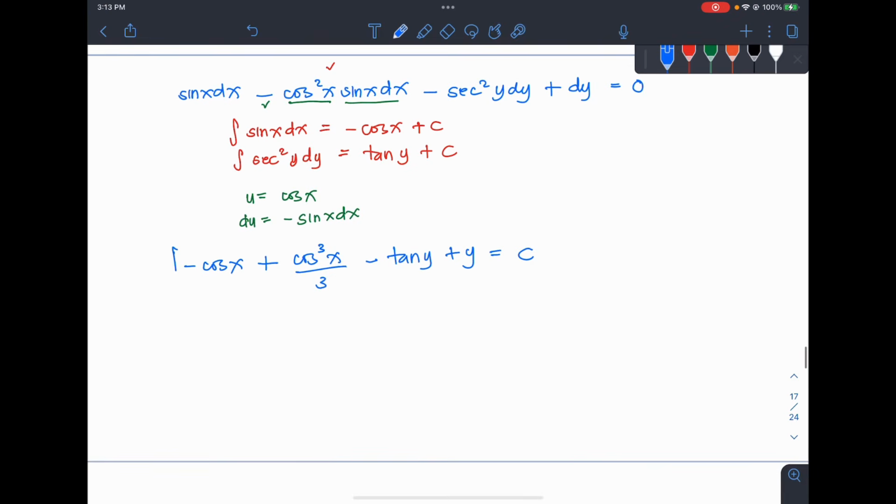So we can multiply everything by 3. I want to start with a positive, so I'll start with y. So 3y, and then minus 3 tangent y. Then I'll have the x, so minus 3 cosine x. Then plus, so 3 would be cancelled out. So cosine cube x is equal to c.